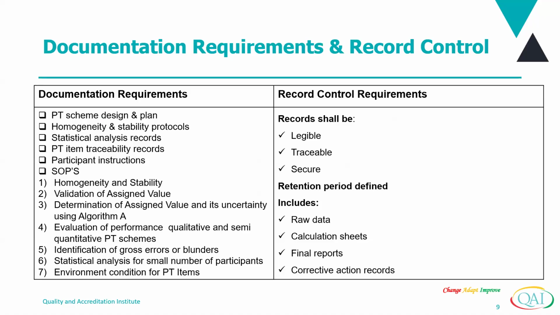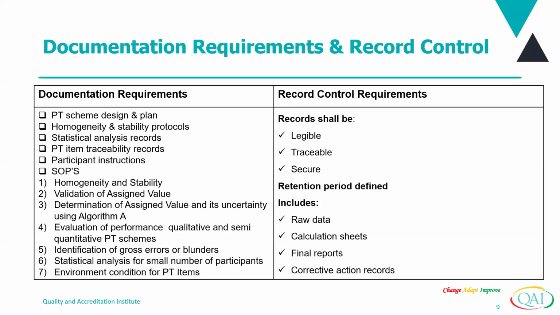Calibration PT generally says PT design or PT protocols, while testing labs call it a PT design and PT plans. So terminology or words can be different, but basically the PT scheme design, plan or protocol are the same, and it is very much required before commencing any PT scheme, to have this well in hand for the PTPs.